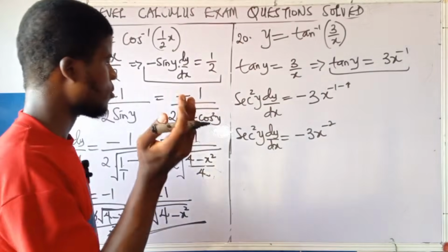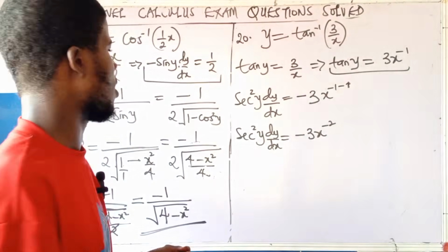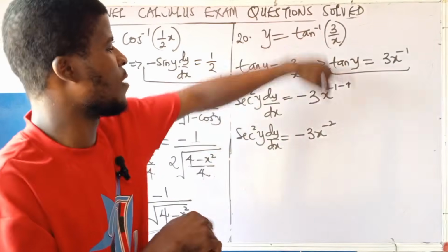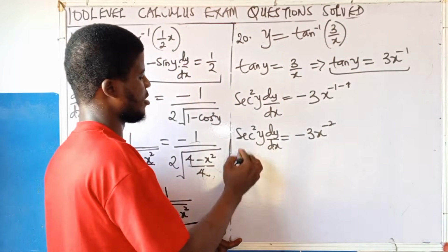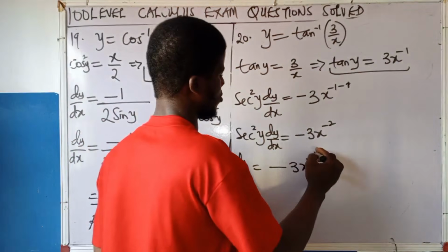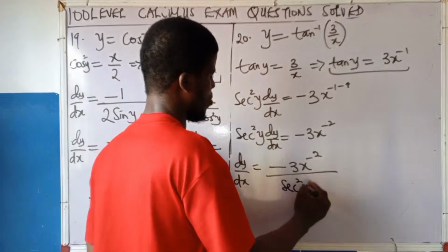True or false? Now we are trying to look for the derivative of tan inverse of 3 over x. So let's make dy dx the subject of the formula. It's going to be minus 3x to the power minus 2 divided by sec squared y.